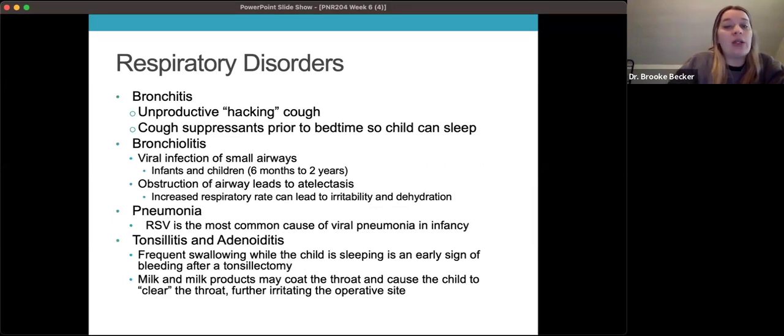Okay, bronchitis. So this is a not productive hacking cough. Okay. Cough suppressants, it says in your book you can still utilize them. The American Academy of Pediatrics has really gone away from suggesting cough suppressants. First, because there's not a lot of benefit in them. And second, because of the potential risk of the differences of dosing.